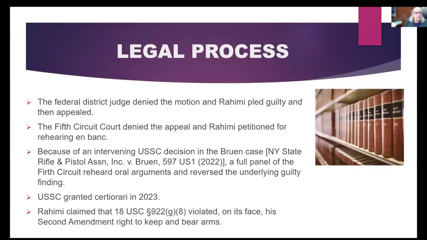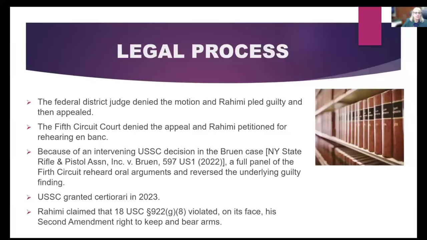So he, as you noted before, claimed that 18 USC 922(g)(8) violated on its face his Second Amendment right to keep and bear arms. So that's the statute we just saw. The federal district judge denied his motion, and thus he pled guilty, and then he filed an appeal. The Fifth Circuit initially denied the appeal, and then Rahimi petitioned for a rehearing en banc.